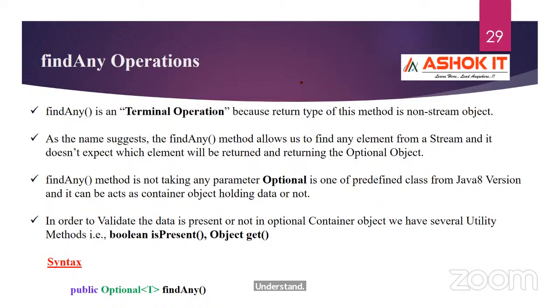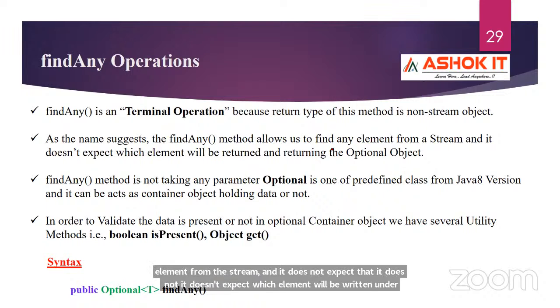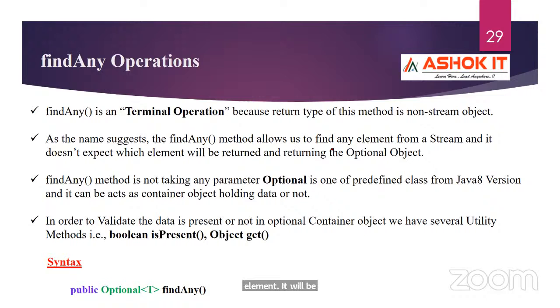The findAny method is used to find any element from the stream, and it does not guarantee which element will be returned. When you call the findAny method on the stream object, it will return some random element.